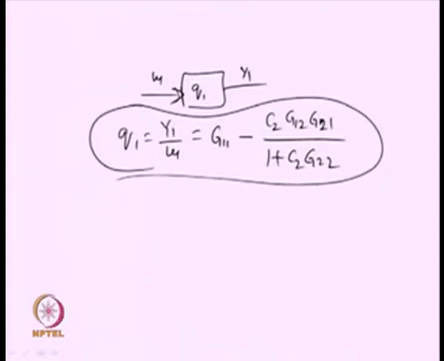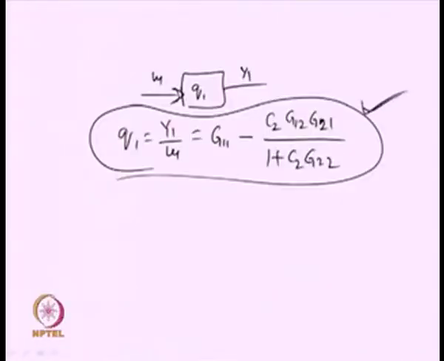We have converted the two input two output system into a system which has two SISO transfer function models now. Okay. And all the loop interactions are taken care of, all present here.